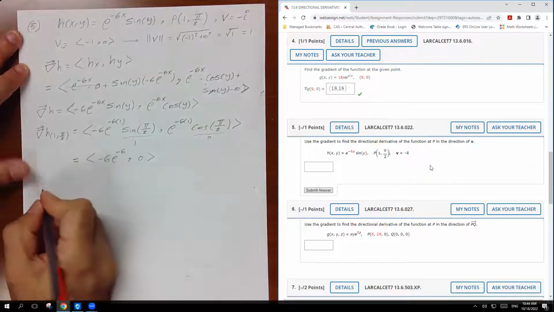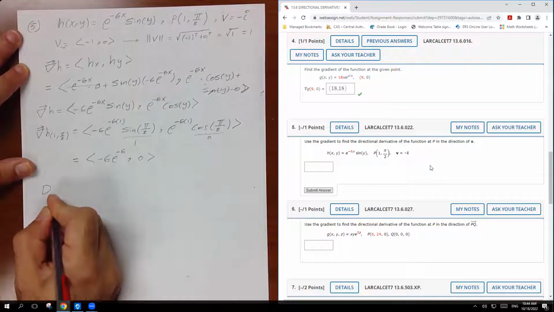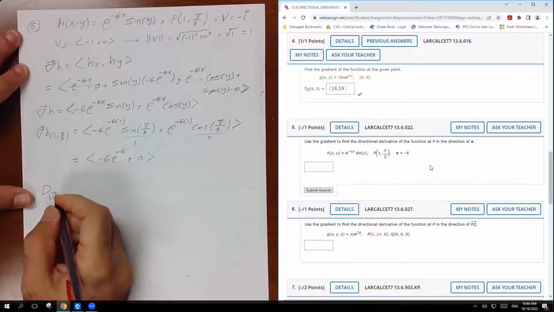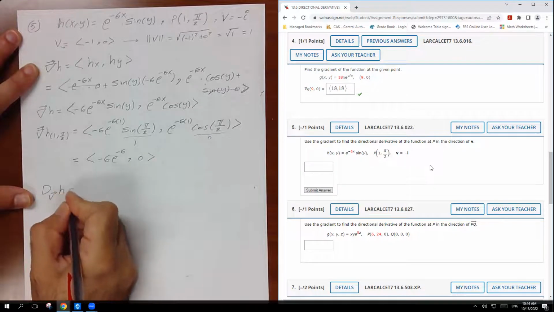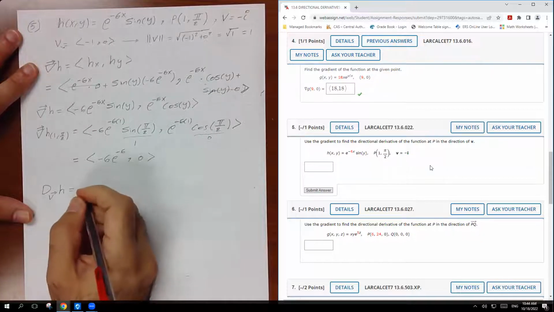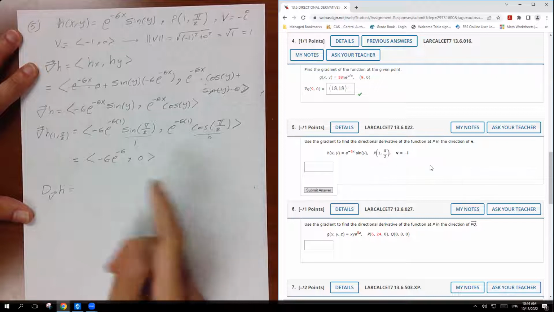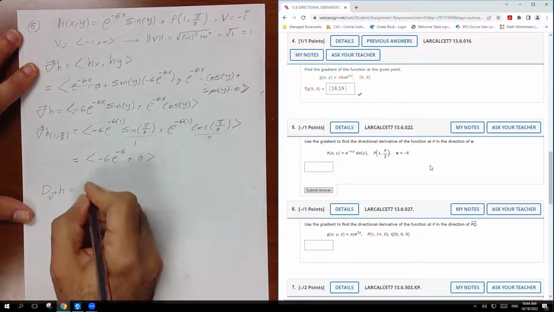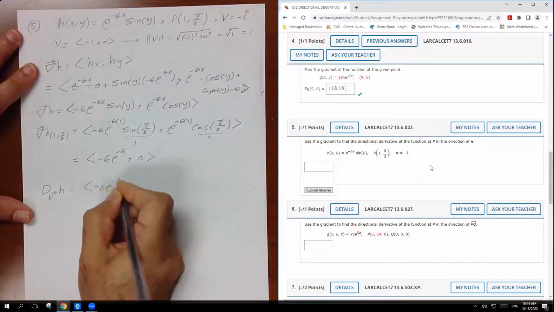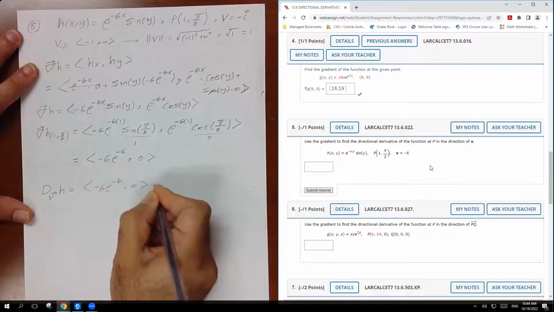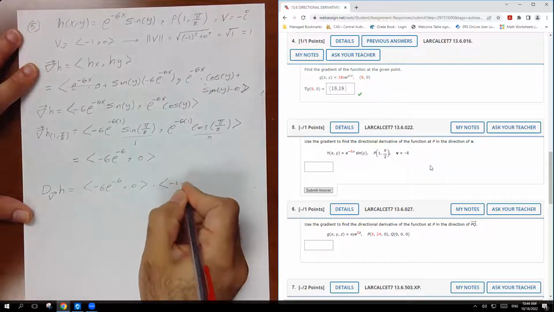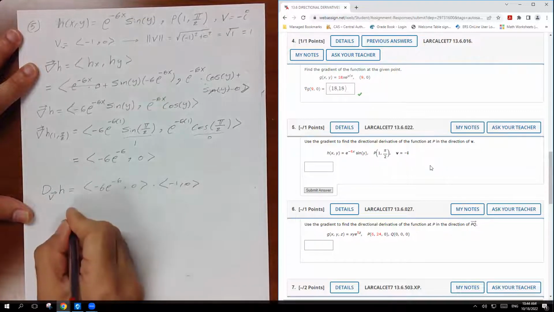Now to find the directional derivative for h, we multiply the gradient by the unit vector. Here is the gradient, (-6 e to the -6, 0), dot product with the unit vector (-1, 0).